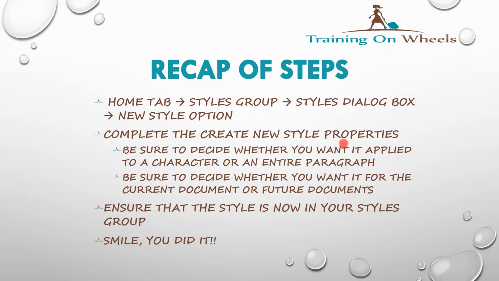This is where you go to assign a name. You can also choose whether you want this to be for a character or an entire paragraph. And then ultimately you need to decide, am I going to be using this only in the current document or future documents? Ensure once you're done that your style is now in the Styles group of the Home tab. After that, what you want to do is smile because you just did it. All right, so great job, guys.